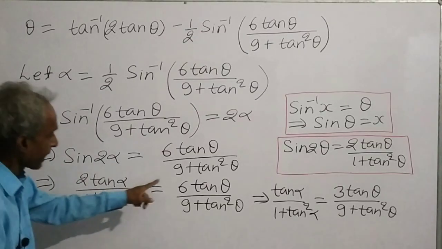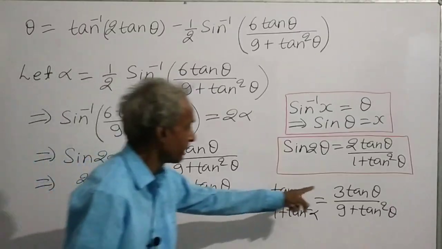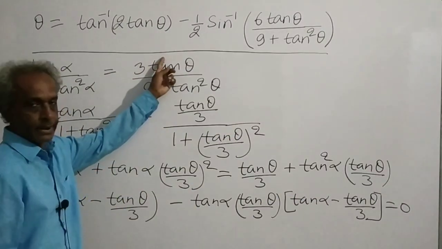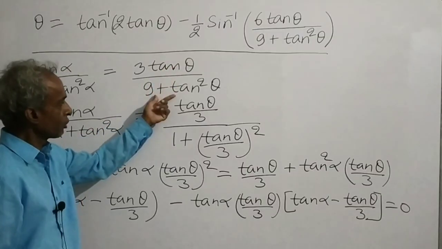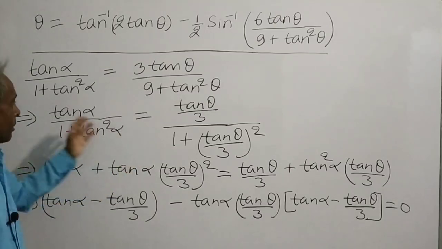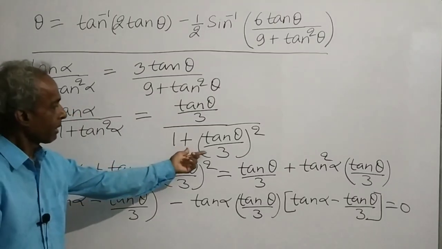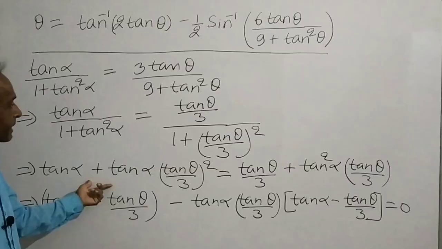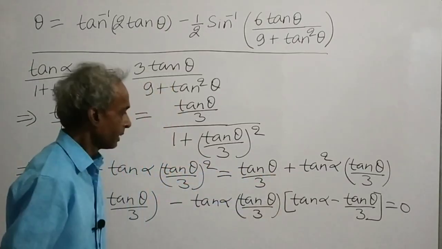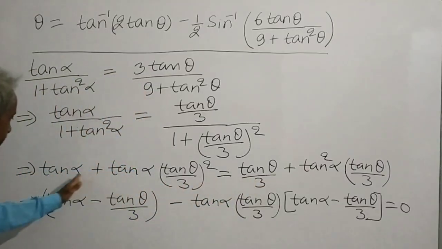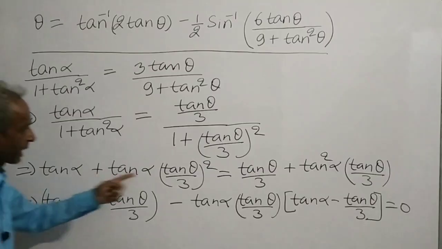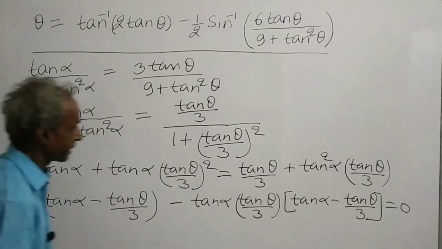2 will cancel this 6, and here will be 3. Dividing numerator and denominator by 9, we get this. Multiply tan alpha by this, right here is equal to this times this. Shift tan theta by 3 to the left hand side, then this becomes tan alpha minus tan theta by 3.